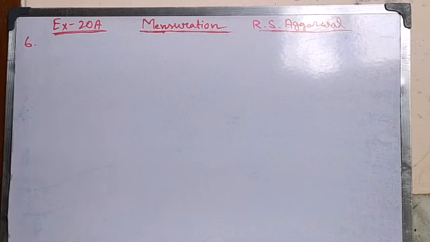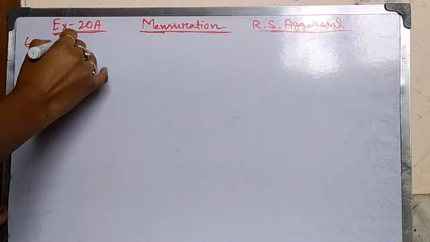Now question number 6. Find the cost of carpeting a room 13 meter by 9 meter with a carpet of width 75 centimeter at the rate of rupees 105 per meter. So here the room's dimension is given.